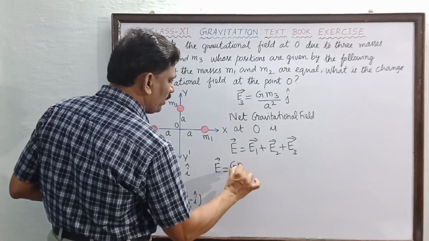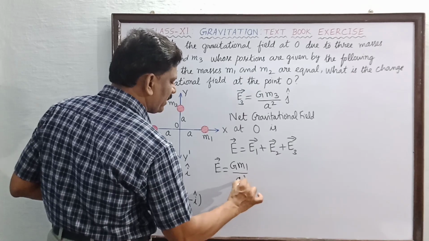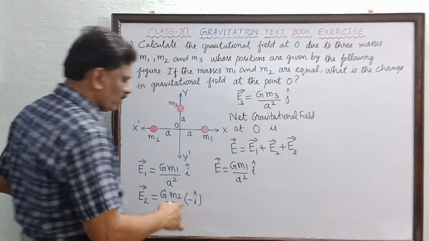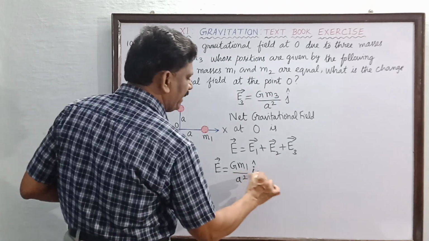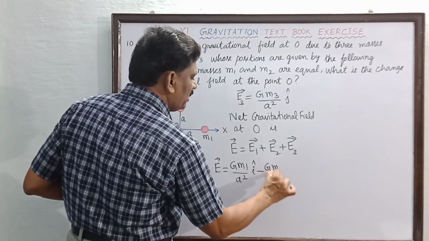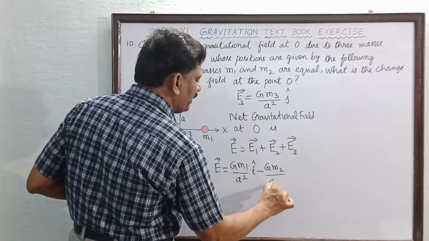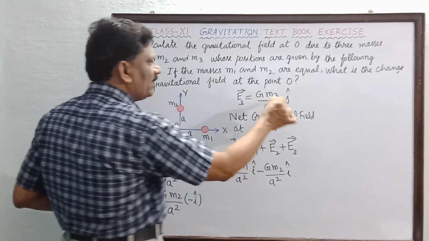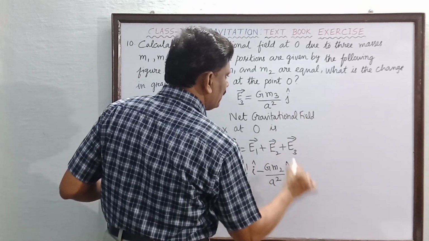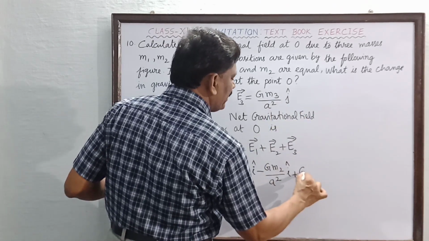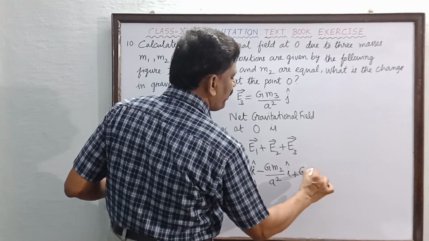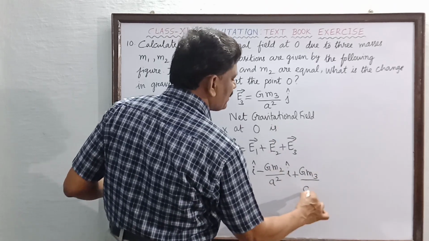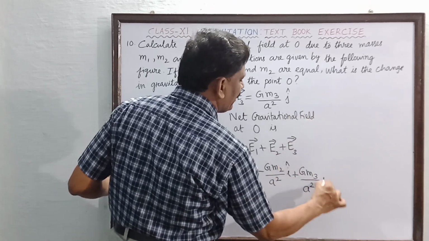G m1 by a square into i cap. The second one is minus i cap. So minus of G m2 divided by a square into i cap. And the third one is plus G m3 divided by a square into j cap.